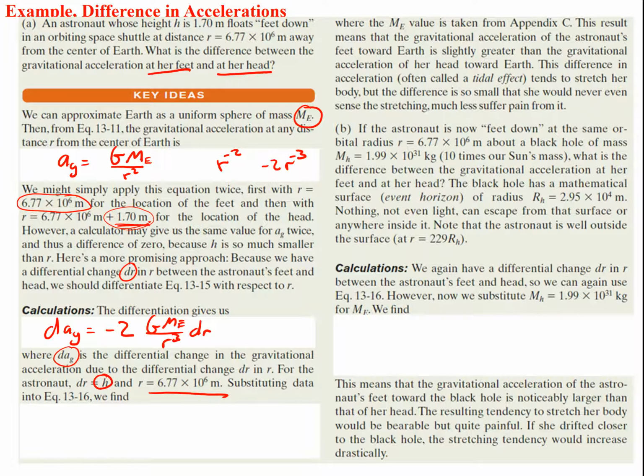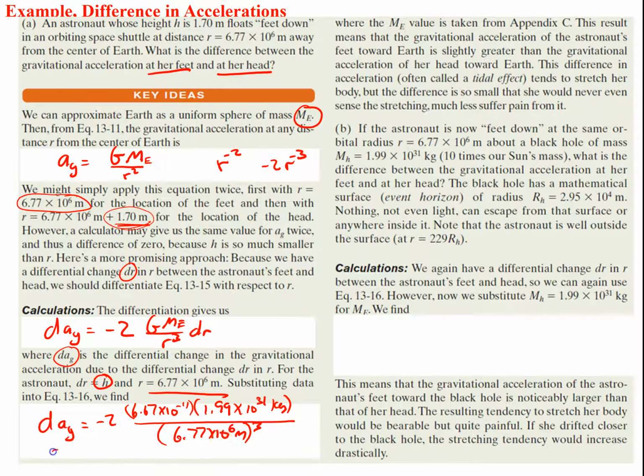So plugging in these values, we get that our differential change in the acceleration due to gravity is going to be negative 2, times 6.67 times 10 to the negative 11, times 1.99 times 10 to the 31st, which is going to be the mass of the Earth, so this is in kilograms, divided by this radius, 6.77 times 10 to the 6th meters, cubed.